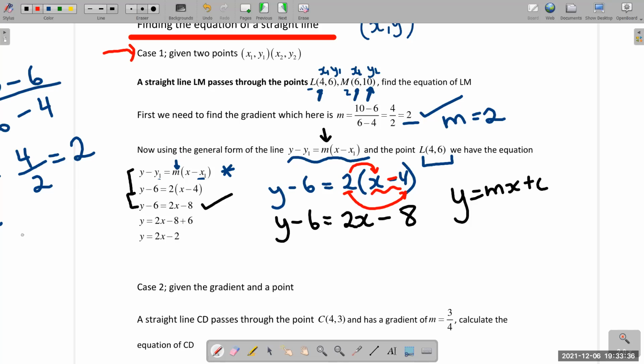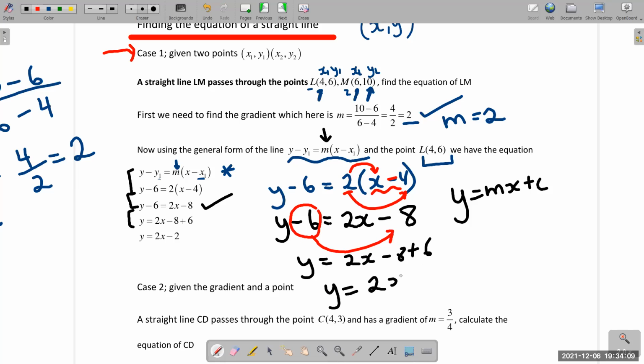Tell me. Janella says, okay. And keep in mind, it's not just 6. It is negative 6. And when negative 6 moves over, what's going to happen? So what are we going to end up with? y is equal to 2x minus 8 plus 6. So we see how we get here. And now, what rules is this? Integers. So negative 6 plus 6 gives me what? So we're going to end up with y is equal to 2x minus 2. And this is the answer.